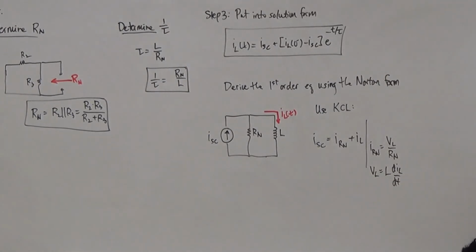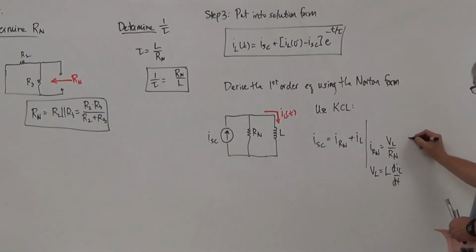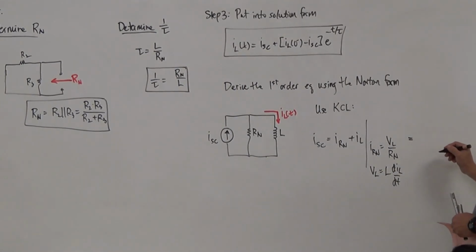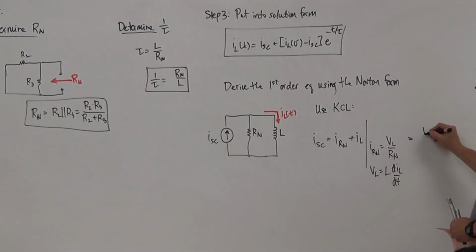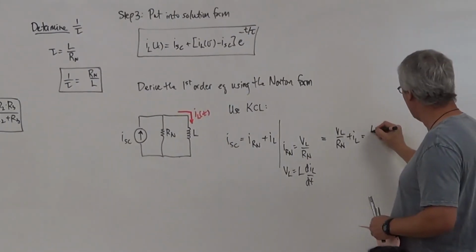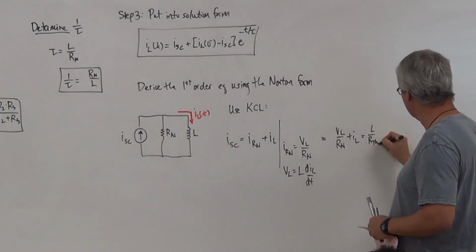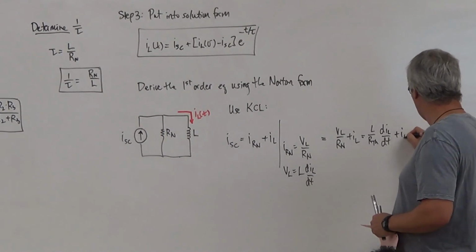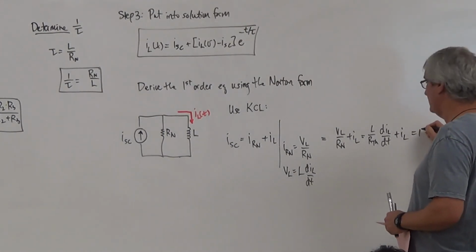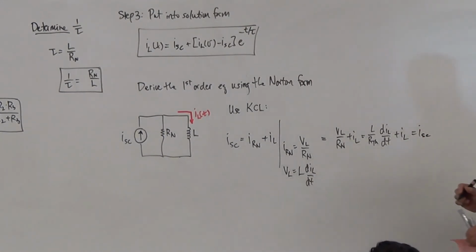So I put all of these values into this equation, and you end up getting something like this: VL over Rn plus IL. And then this is going to be L over RTH dI/dt plus I equals I short circuit.